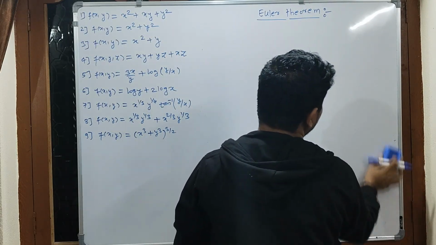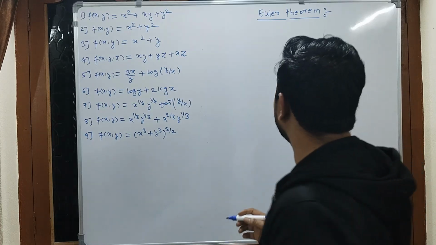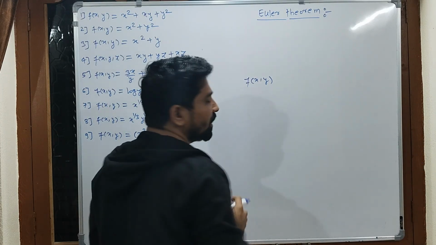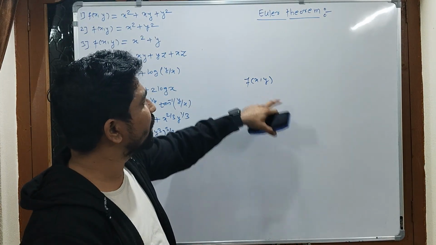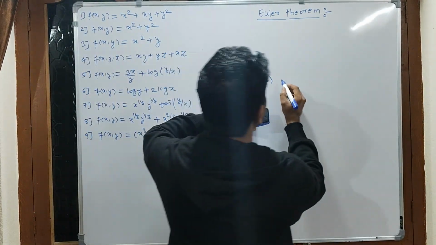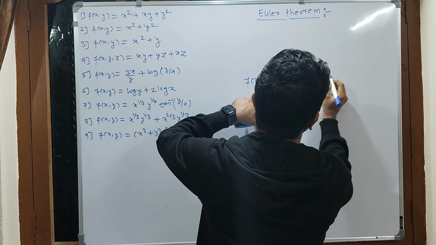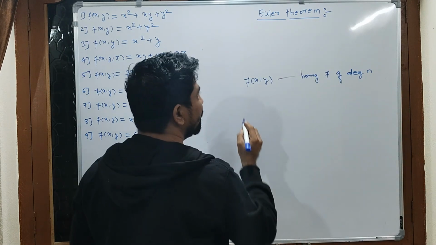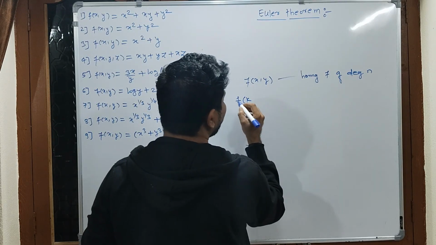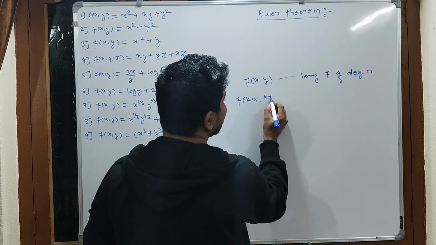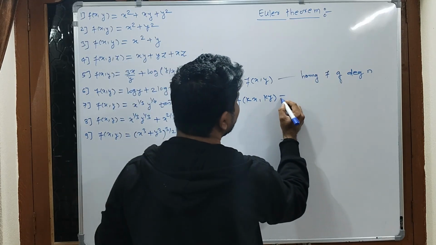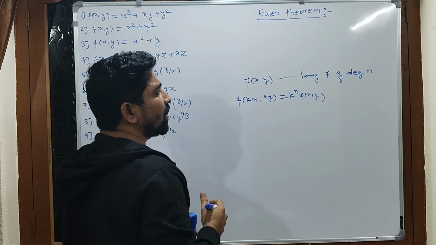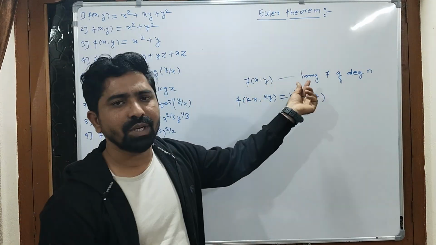So according to the definition, if f of x comma y is a function of two variables x and y that is a homogeneous function of degree n, then replacing x by kx and y by ky gives k to the power n into f of x comma y. Or in other words, the degree of each term is n.